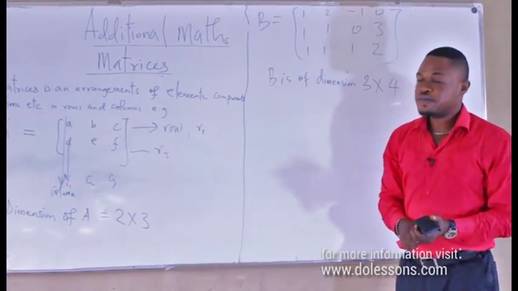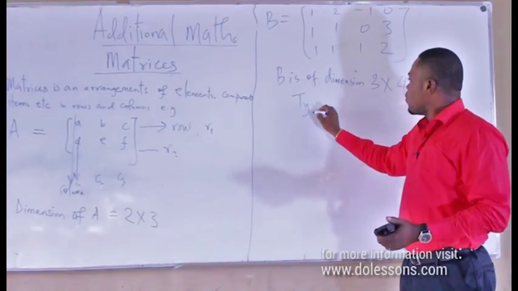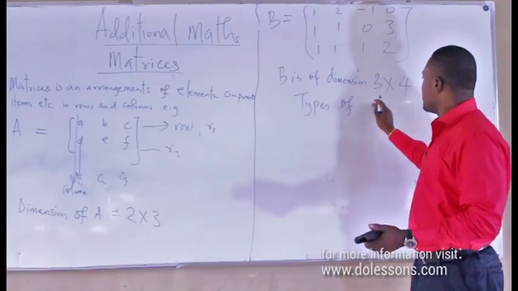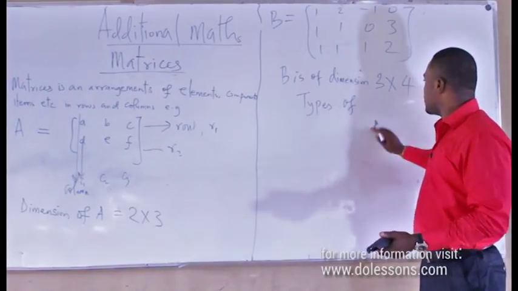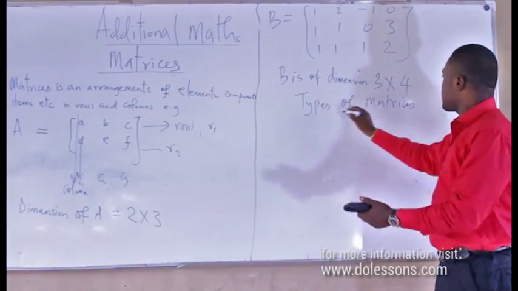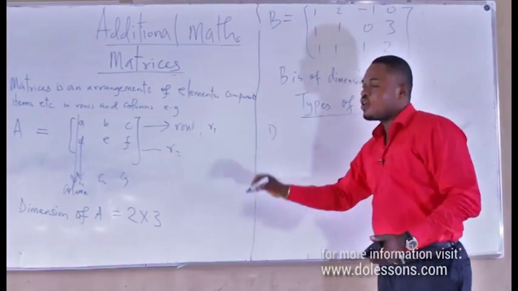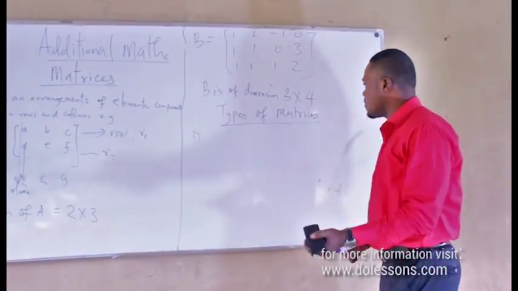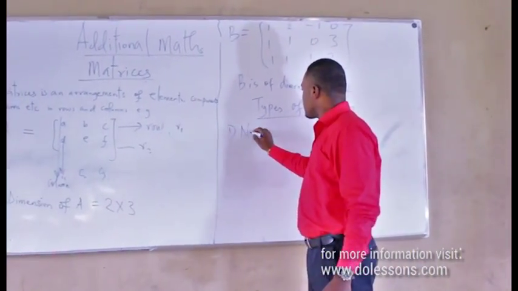Types of matrix. We have different types of matrix depending on the way the matrix is formed. One, we have a null matrix.